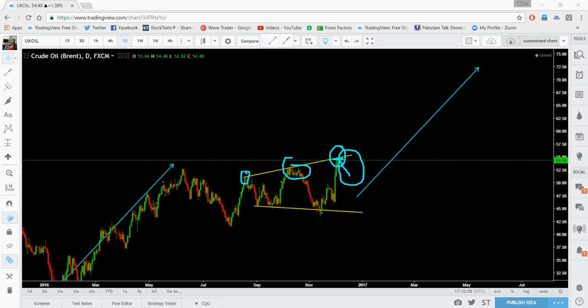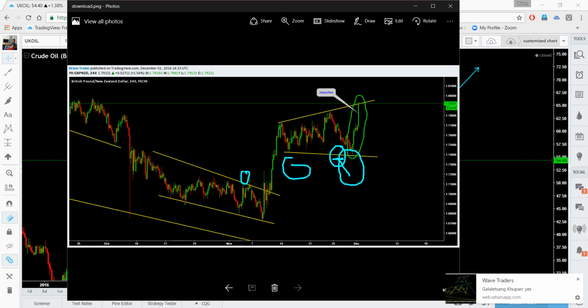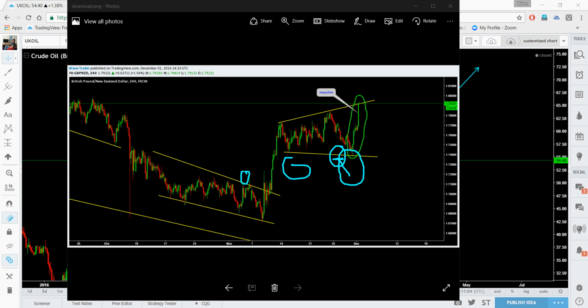So this is another example of that pattern. Everybody knows that price just respected this place and formed an impulse to the downside. Now it is correcting. The pair is pound and New Zealand dollar.